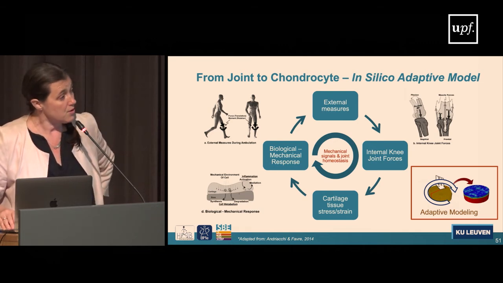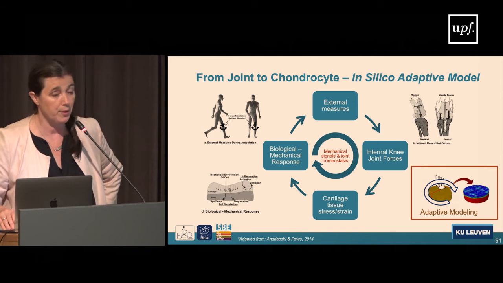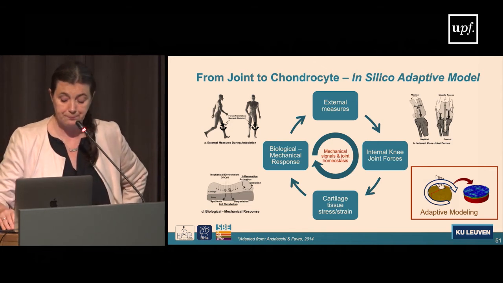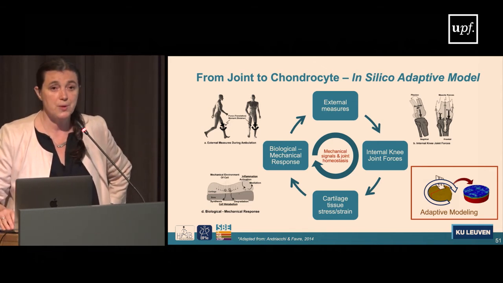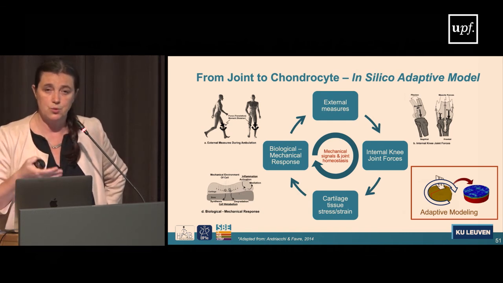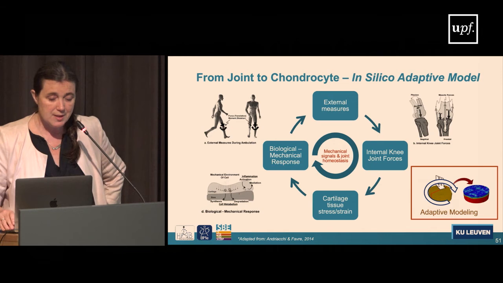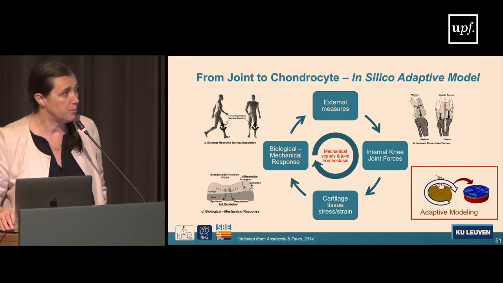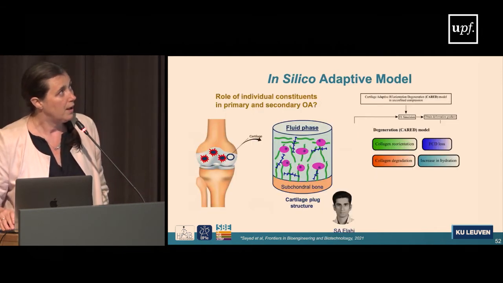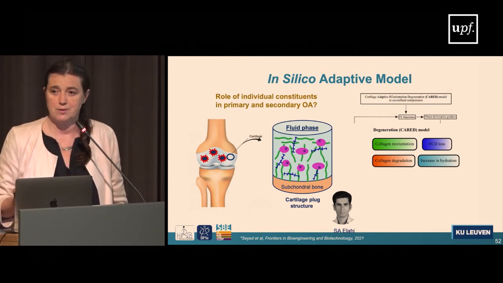So this brings us a bit to what we can do with modeling at the tissue level. Of course, we can use data from patients and use that to look at the mechanical environment in the joint. But recently, and also in collaboration with the group of Rami, we have been looking at using this approach to create virtual knockouts.